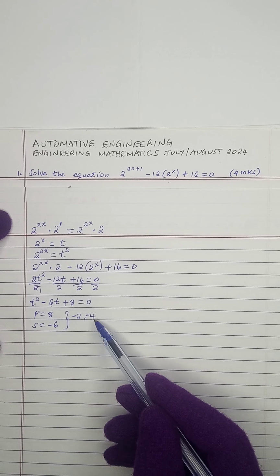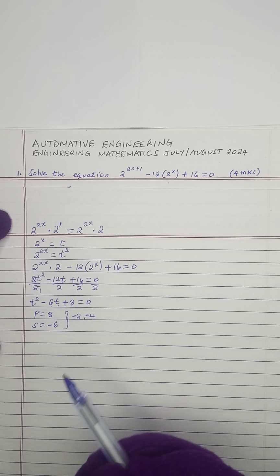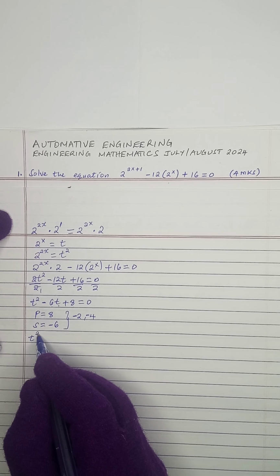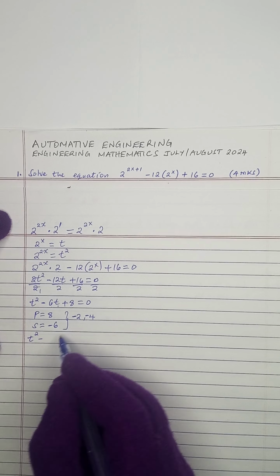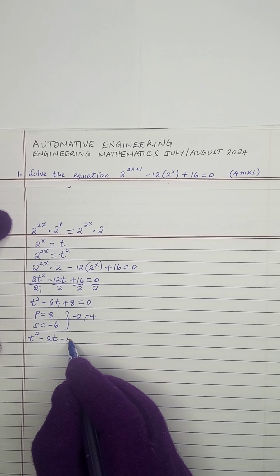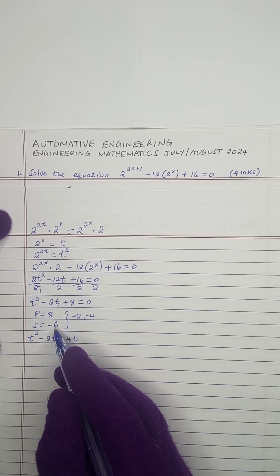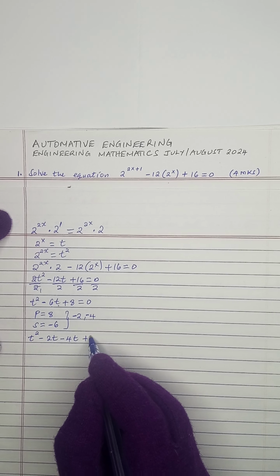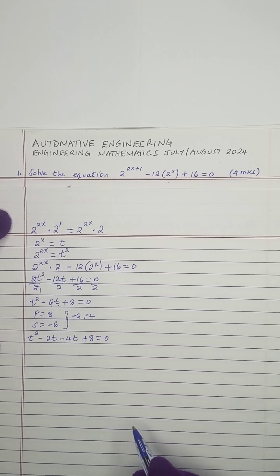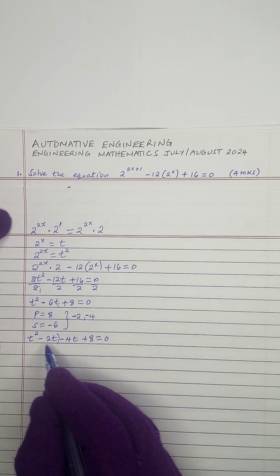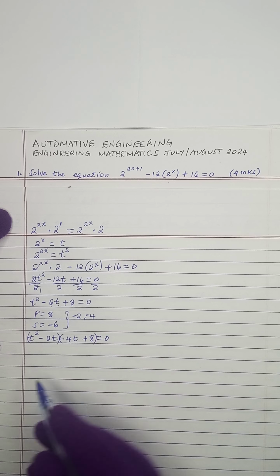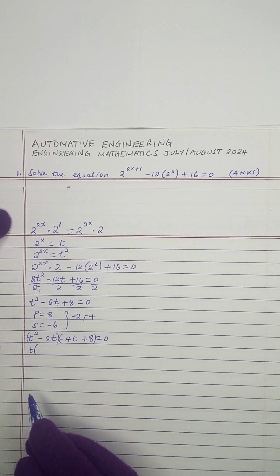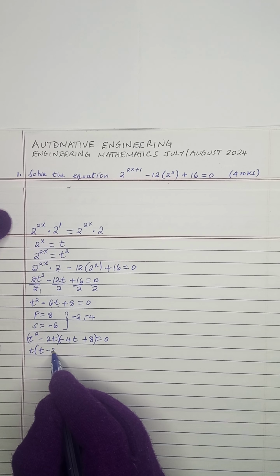The two numbers, we will apply them in the middle term. So we will have t squared minus 2t minus 4t, then plus 8 is equal to 0. Then we factor in groups of 2. We'll have t common here into t minus 2.